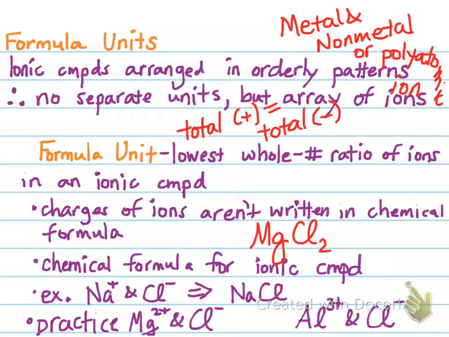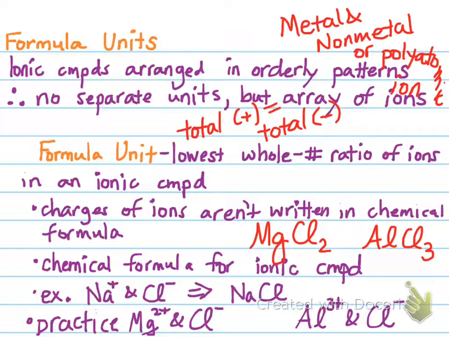When I'm talking about aluminum ion and chloride, because aluminum has a +3 charge, it's going to take 3 chloride ions, and so my formula is going to be AlCl3. Again, we're going to get more practice doing this later, so if you're still feeling a little overwhelmed by this, it's okay. We are going to continue to do this, and we're going to practice this some more.